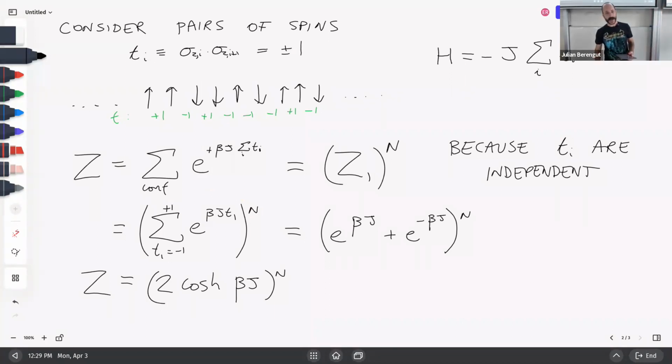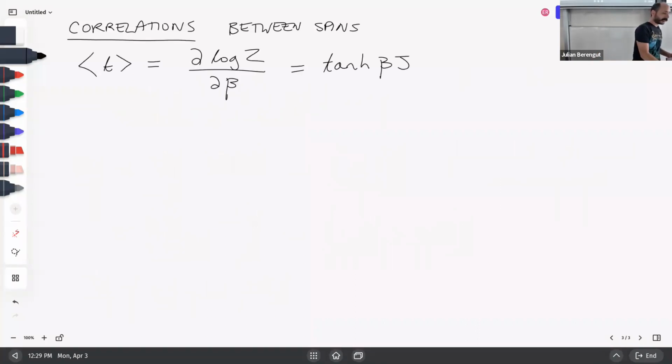The average value of that is called the correlation between sigma_i and sigma_i+1. That is the correlation between two spins. So that's the correlation between two spins that are neighbors.